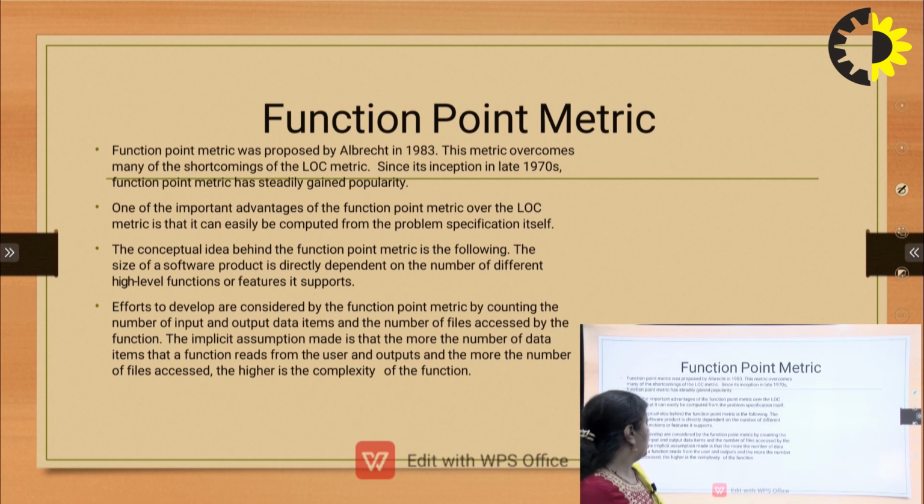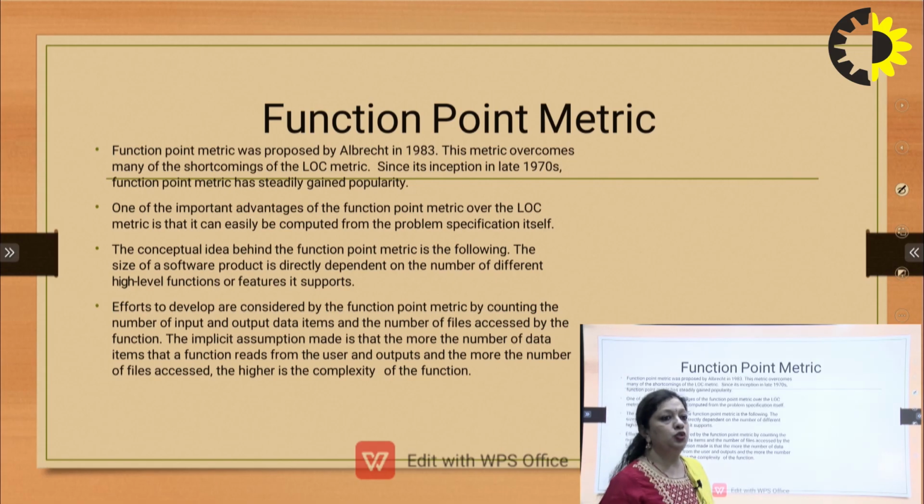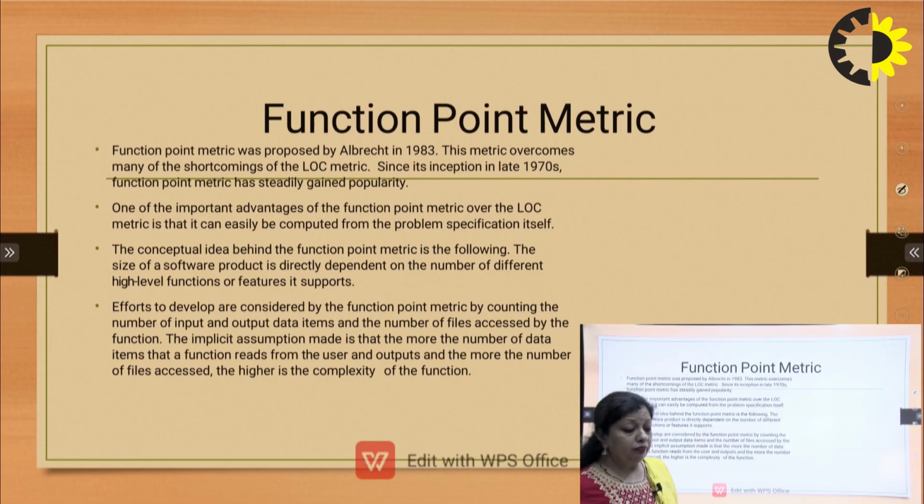The effort is estimated by counting the different types of functional units in my code, which include the number of inputs given to my code by the user, the number of outputs my code gives to the user, the number of files the user is trying to access using those functions, and the number of inquiries that the user is making using this code.